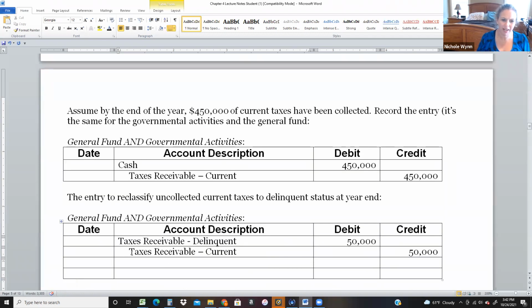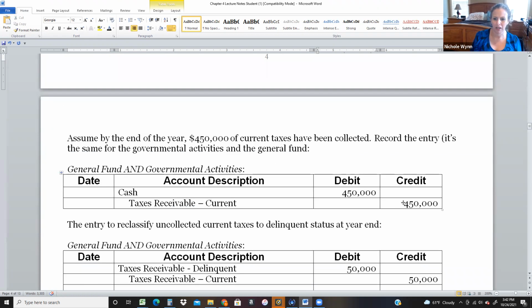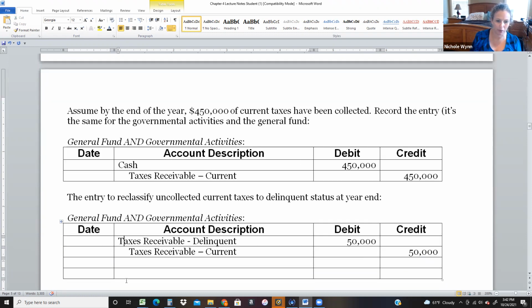What this entry does is zero out our taxes receivable current. Now taxes receivable current will have 0 in it because it had 500, I received 450, and I'm moving the other 50 to becoming delinquent now.